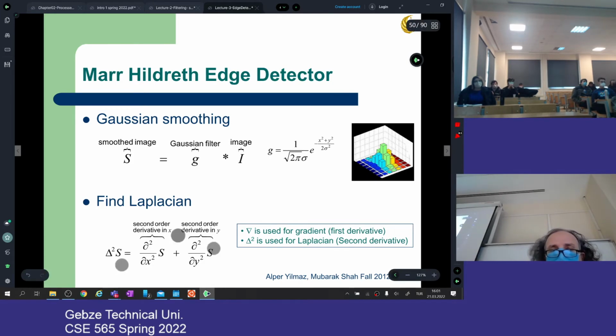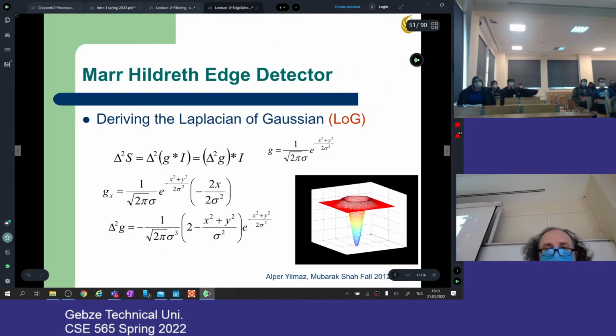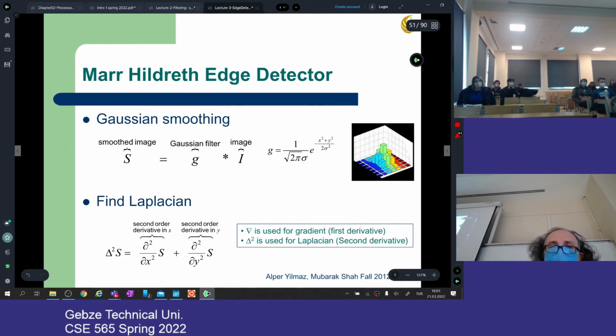This is called the Laplacian. Instead of taking the Gaussian filter of the image and applying the Laplacian to the resulting image, why don't we apply the second derivative operator to the Gaussian itself and later apply the resulting operator to the image? That's what we are doing.